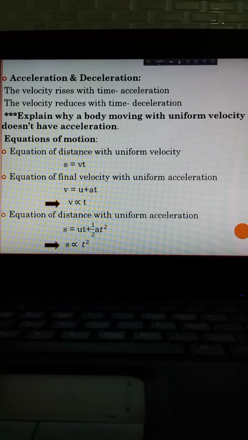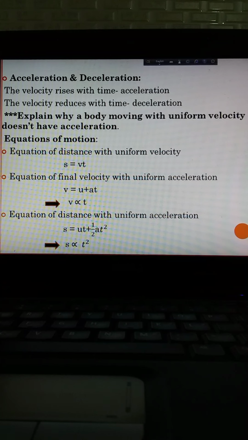Our first equation relates distance, velocity, and time. What is the first equation? The equation of distance with uniform velocity is S equals Vt, where S is the total distance, V is the velocity, and t represents the time.